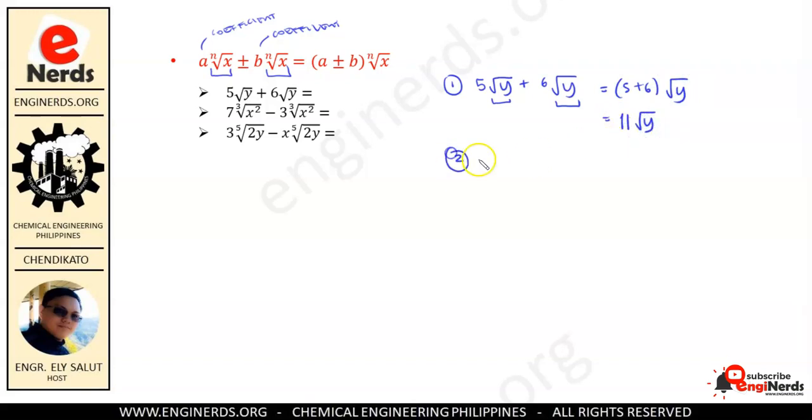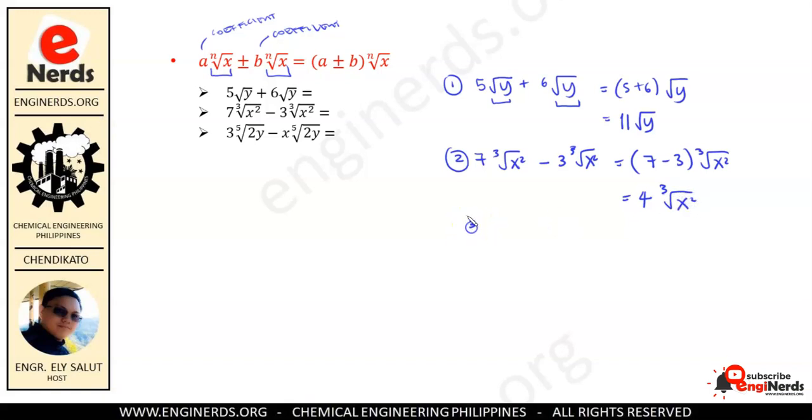So next problem, we have 7 cube root of x squared minus 3 cube root of x squared. Okay? So we'll do the same here. We have 7 minus 3 cube root of x squared. So this will be equal to 4 cube root of x squared.